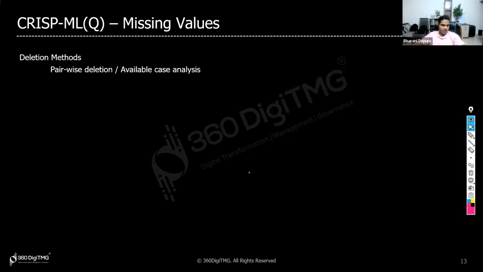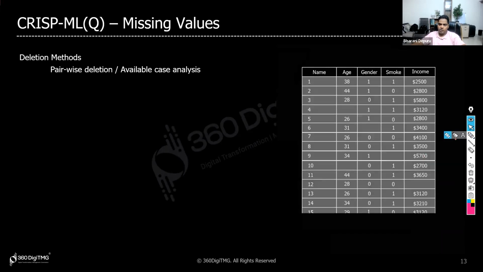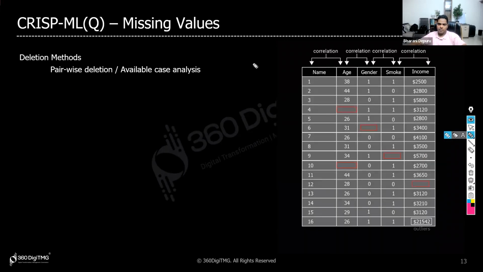Then you have another deletion method, which is called pairwise deletion or available case analysis. When it comes to pairwise deletion, given this data set, you try to find the correlation between these two columns. You'll have a correlation for these two because you have the values. You'll have a correlation for these two as well. But when you try to find the correlation between these two values, you'd get an error.